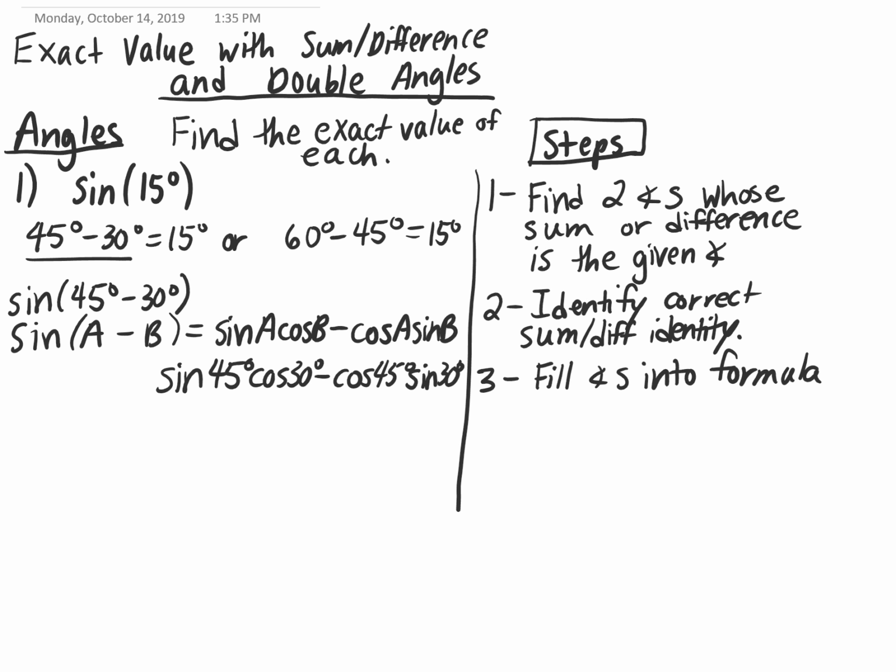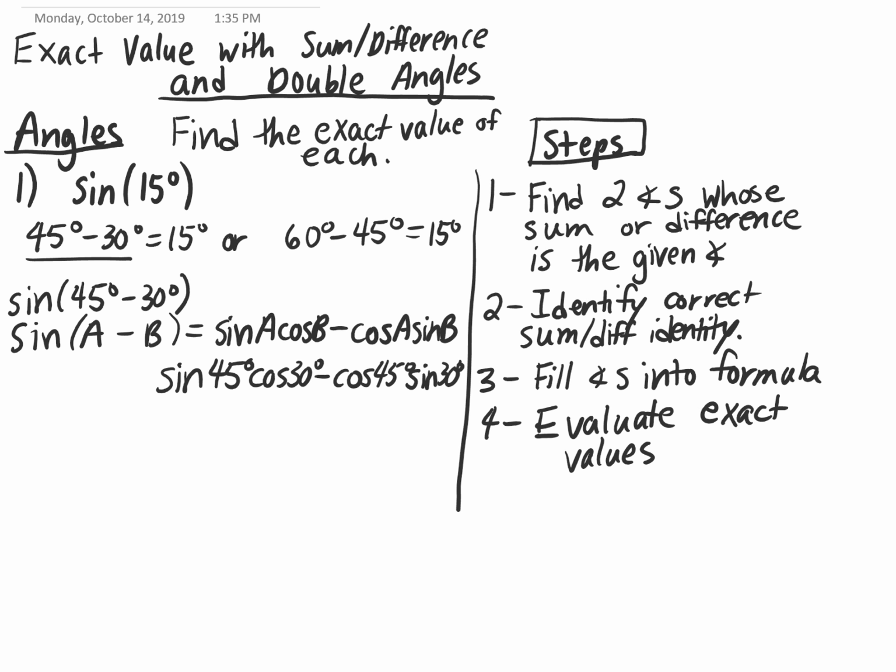All right, fourth step, evaluate using exact values. So this is going to take us back to our first unit. And you are going to have to worry about the quadrants and those different things. The good news is this will be on a separate test than the actual identities test, but it's still kind of part of this unit.